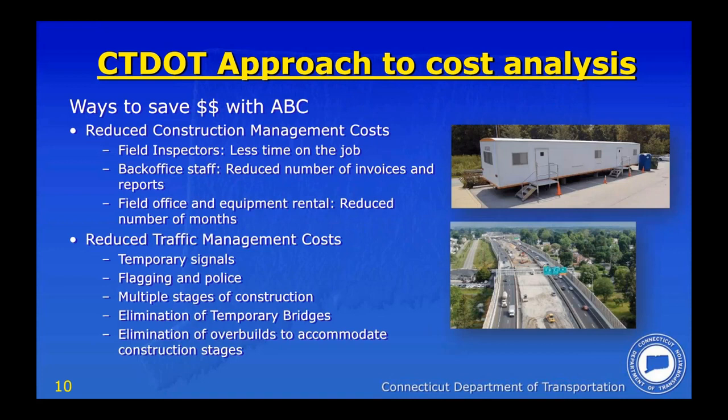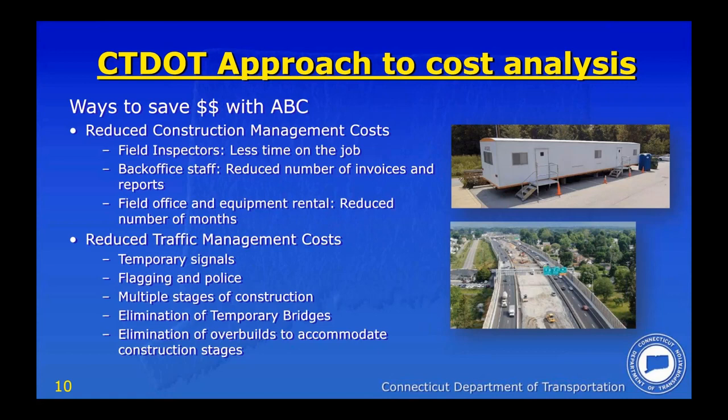Real important in the matrix is trying to get a handle on the overhead cost in running a job, savings that might be achieved from a reduction in contract days for an ABC project versus a conventional project.